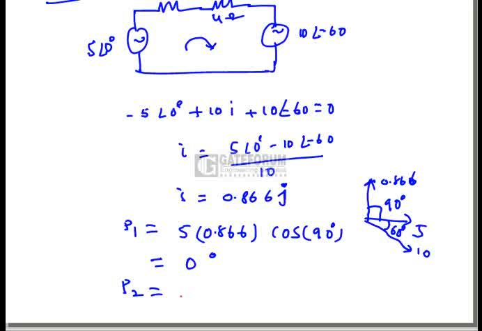The voltage here is 10 and the current is 0.866, and the power factor cos phi is cos of 90 plus 60, which is cos of 150 degrees. If we solve this, we get 7.5 watts. So P1 equals 0 and P2 equals 7.5 watts. So the option is C.